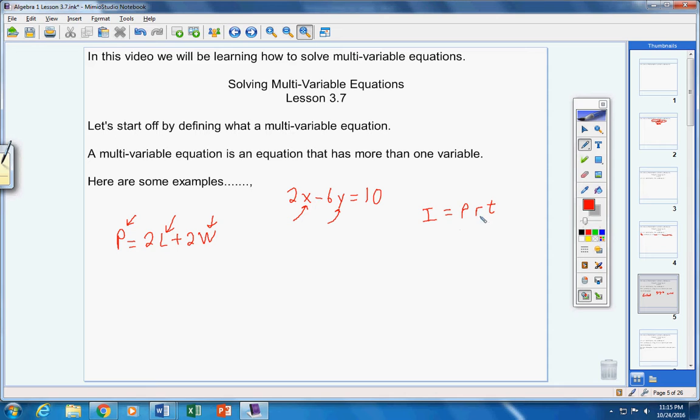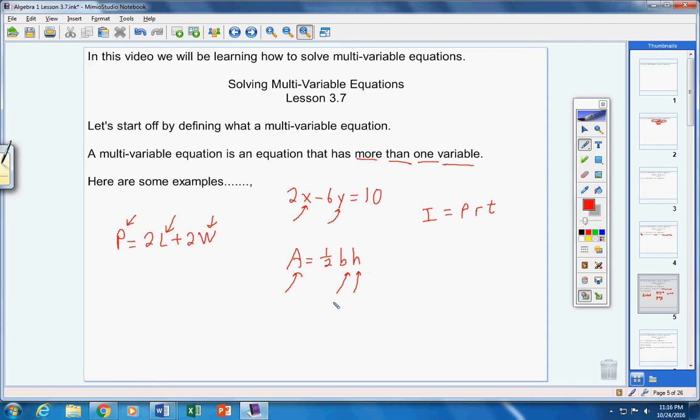I, P, R, T, that's multivariable. If you have more than one variable, it's a multivariable equation, okay? Here's another example. Let's see. We have three variables, A, B, and H. Do you understand? A multivariable equation is an equation that has more than one variable.